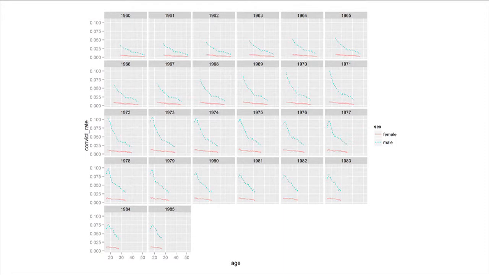Now again, this on the face of it looks relatively similar to the age crime curve. However, there are some more subtle patterns revealed by looking at particular birth cohorts.